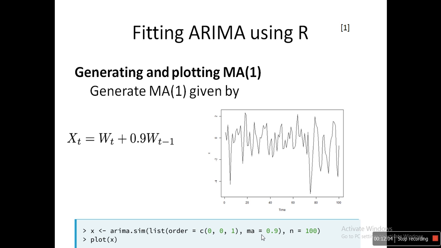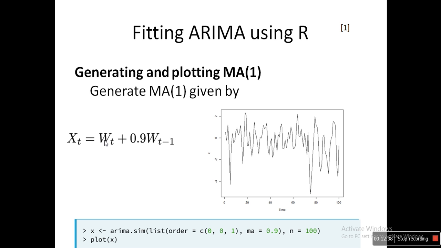That MA coefficient is given here as 0.9, and how many points we need to generate or simulate is 100. We have substituted q equals 1 and p equals 0, so no AR terms are considered as far as this simulation is concerned.